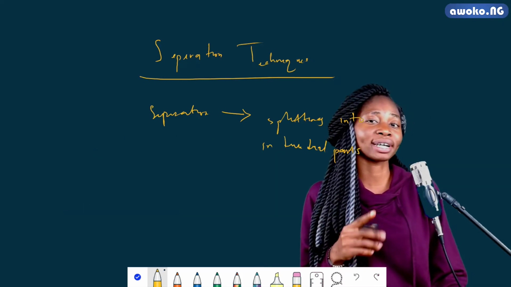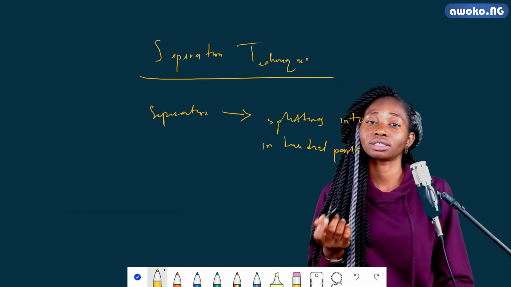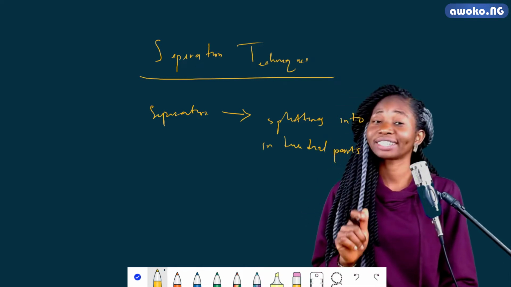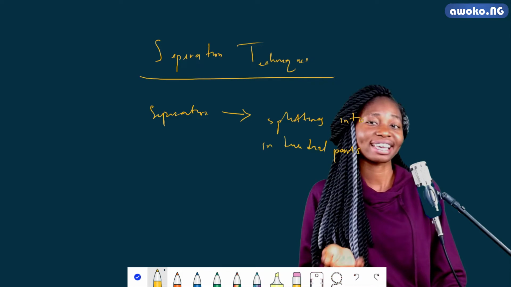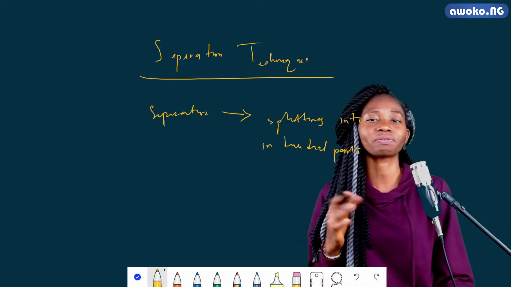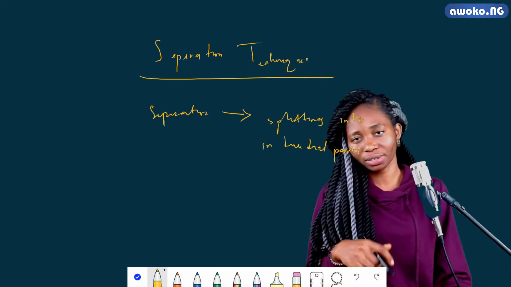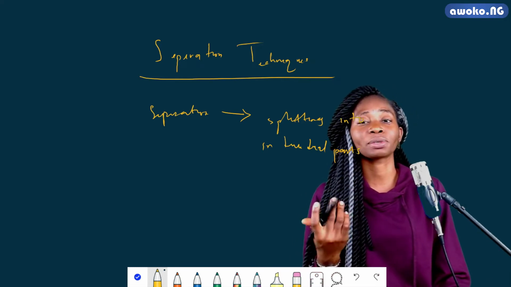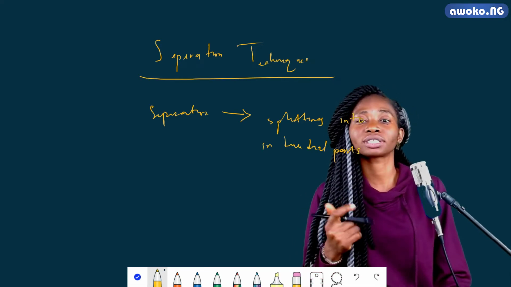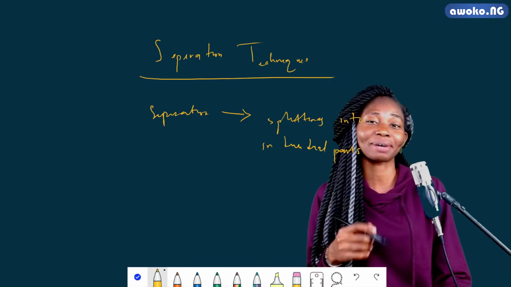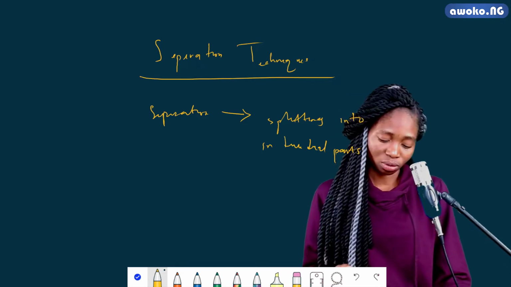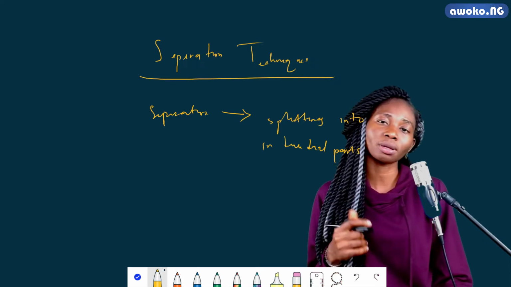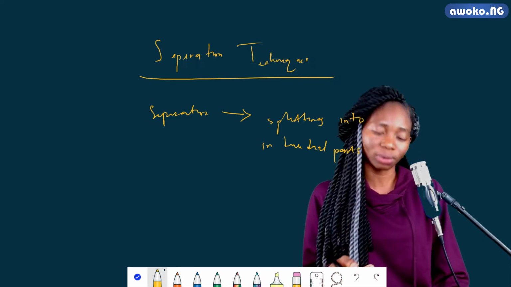In the previous lesson, we said mixtures are physically bound together, so they could be separated by physical means. We could use ordinary physical methods in separating mixtures. On the other hand, compounds, which are chemically bound, can be separated by chemical means. Note that every method depends on the property of the constituent.